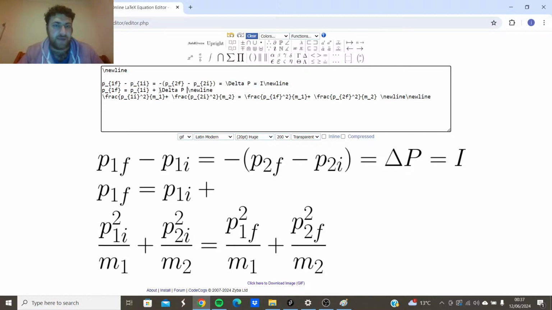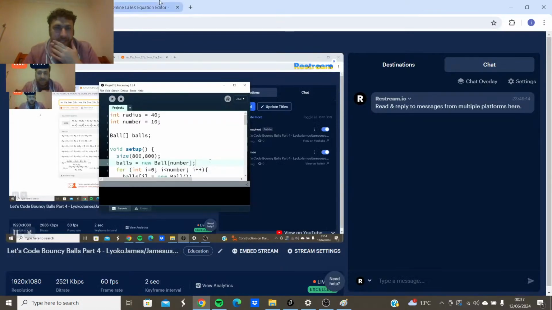We'll use delta P. It does make the LaTeX slightly more complicated, doesn't it?